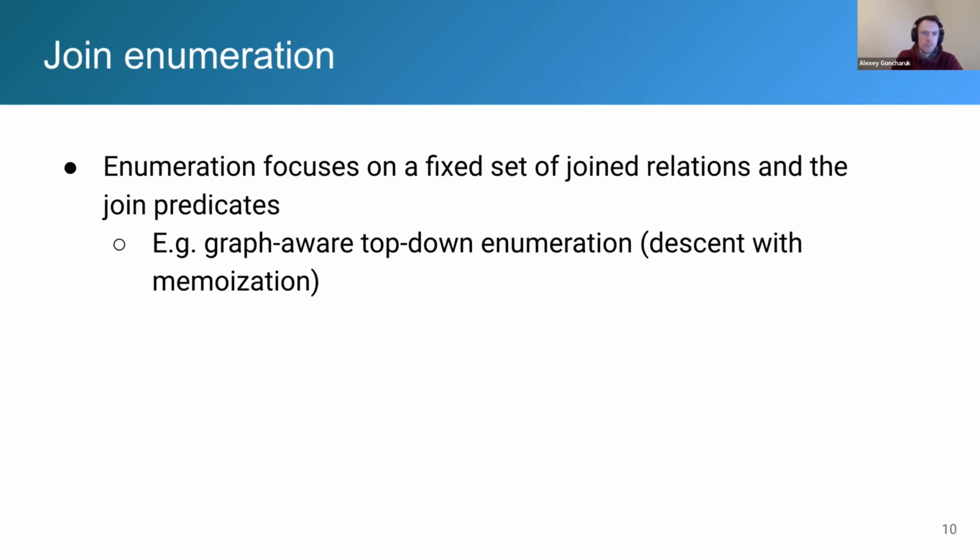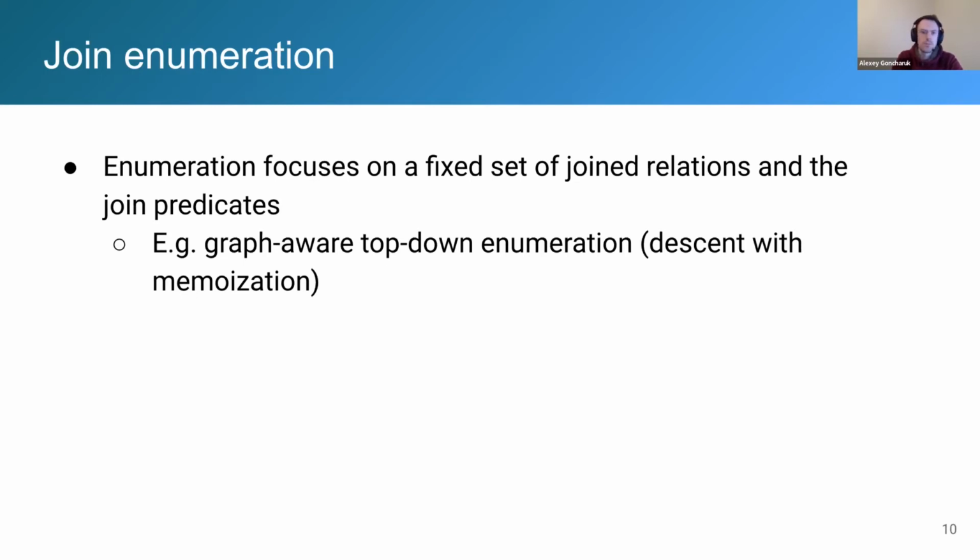One algorithm that turns out to be very good to use in combination with Apache Calcite is graph-aware top-down enumeration.